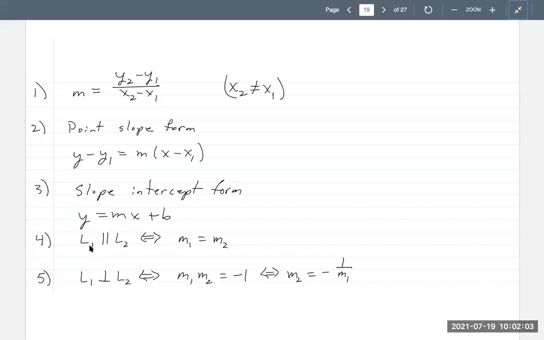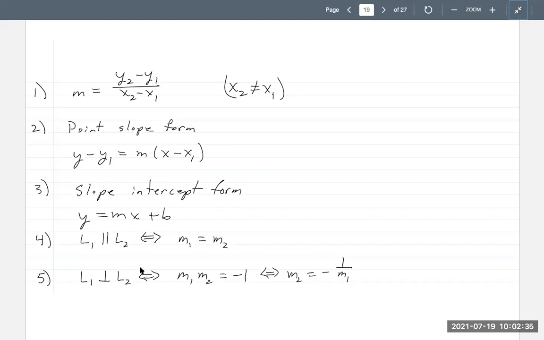If line L1 is parallel to line L2, well, then this is true if and only if their slopes are equal, if m1 equals m2. Now, let's make this assumption. When I write m1 equals m2, this says that if m1 exists, then m2 exists, and m1 is equal to m2.